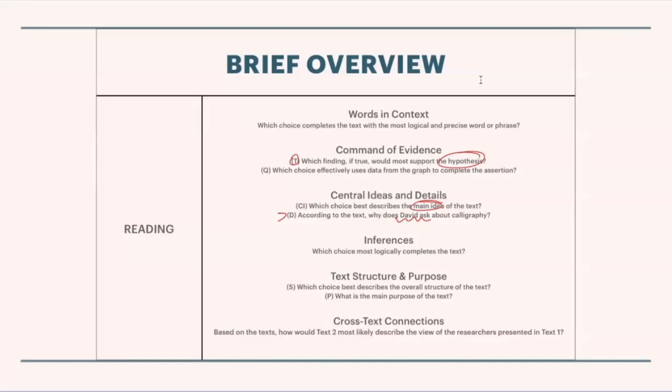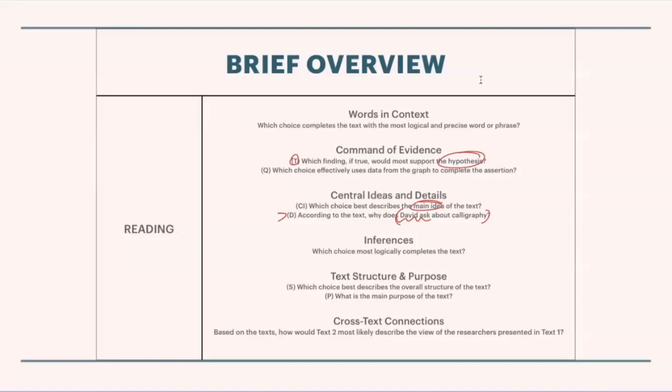So he asked his friend, and so it's the fact that he's looking at the importance of calligraphy. That's why he asked about it. These are some things you want to keep in mind: look for those key clues or key words within the text to help you answer detail questions.